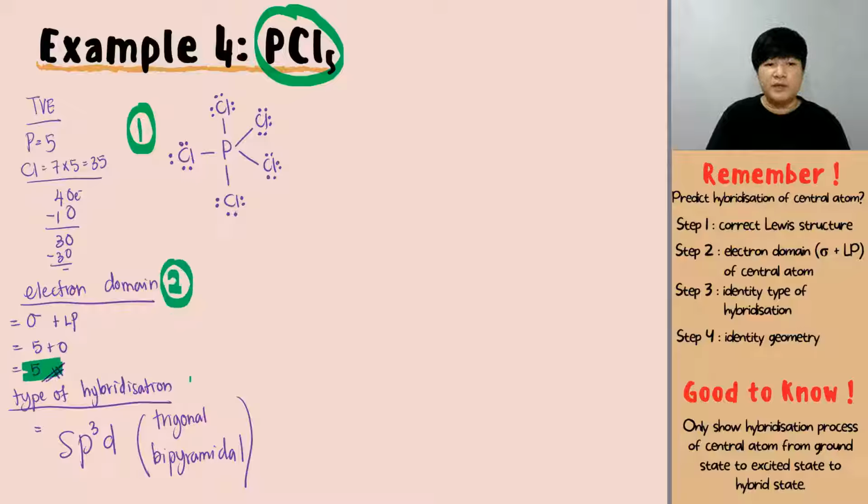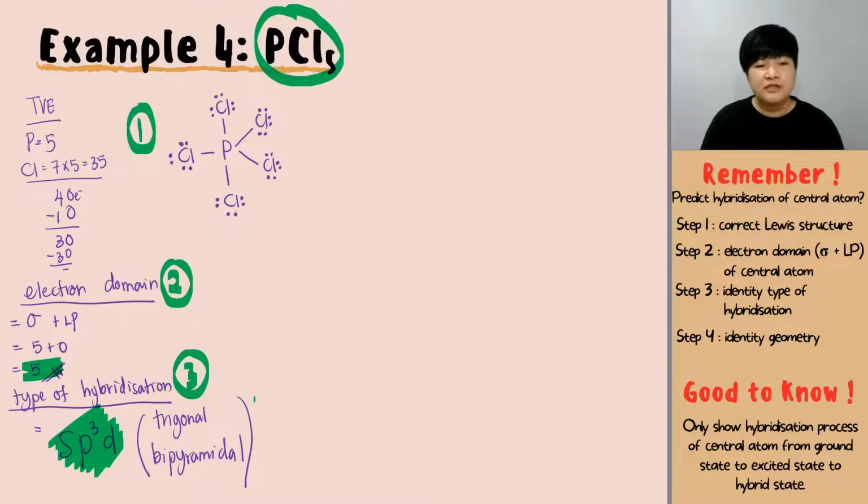From the electron domain, you can figure out the type of hybridization. And the type of hybridization for your central atom phosphorus in this question is sp3d. So we know that sp3d over here means 1 from the s, 3 from the p, and then 1 from the d.